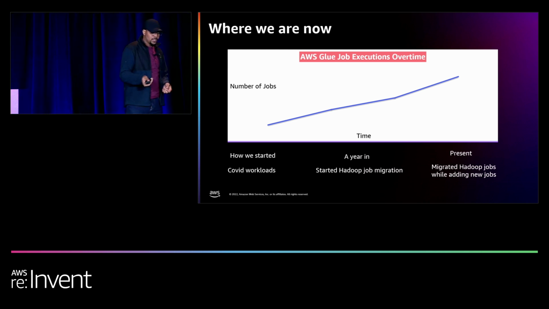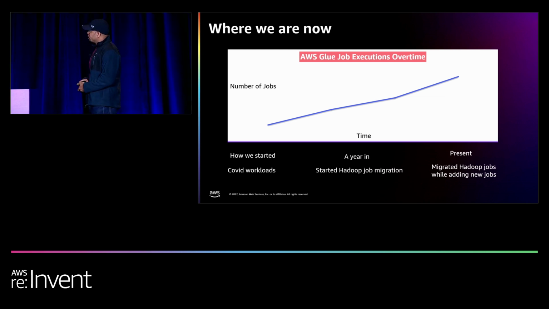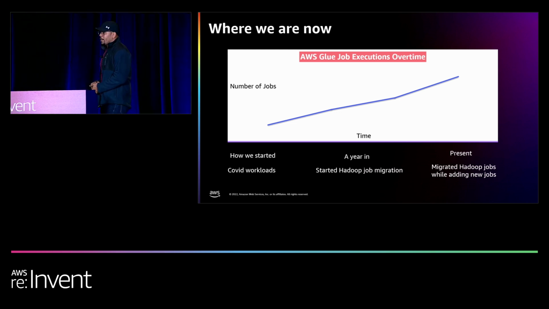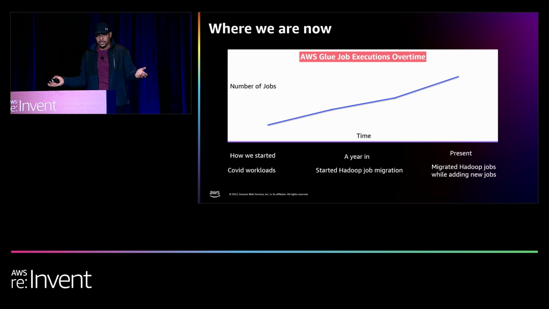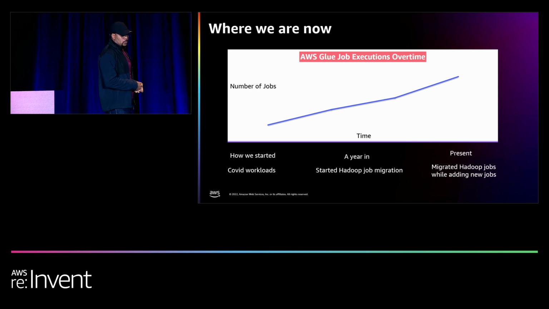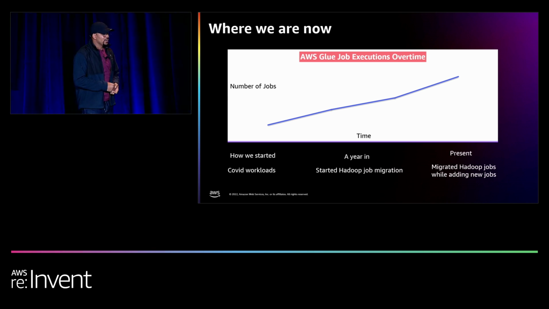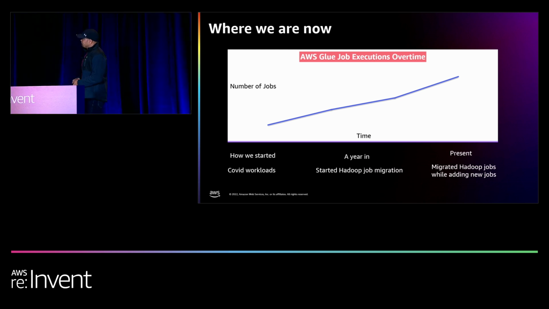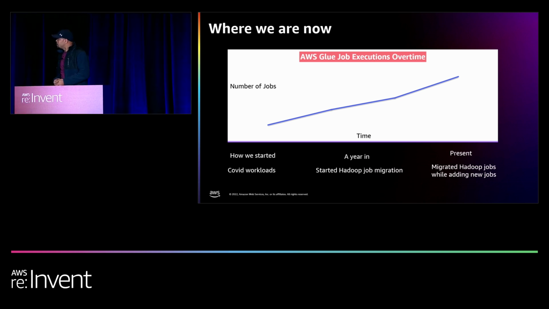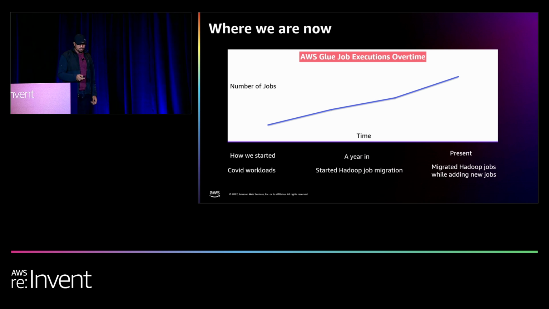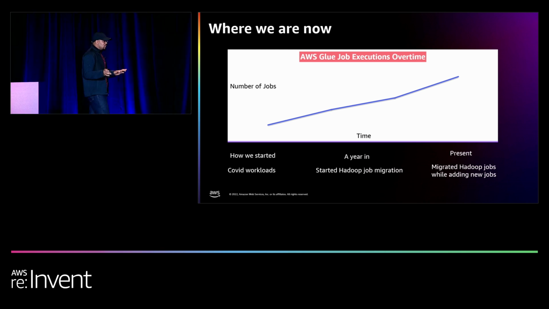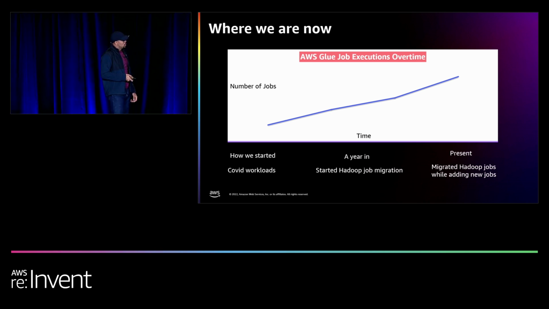And you see the tick up, that was working very well. Until we got to the point where we said, why not just get rid of Hadoop altogether and move all our workloads over to Glue? And that is where we are presently. We are running tens of thousands of jobs, even getting to the hundreds of thousands.